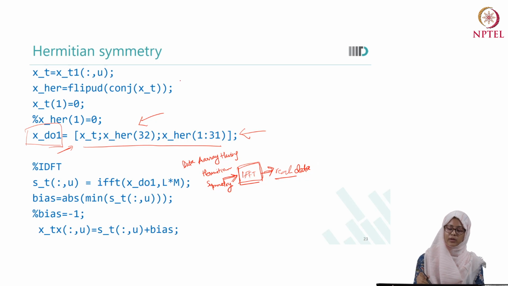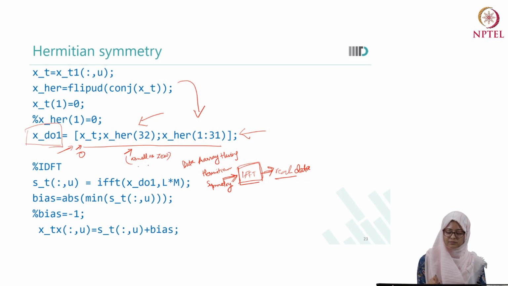This is how we are going to have Hermitian symmetry, and for Hermitian symmetry we need to have the first element of this x_do_1 as 0, and then the 32nd element as well as 0.